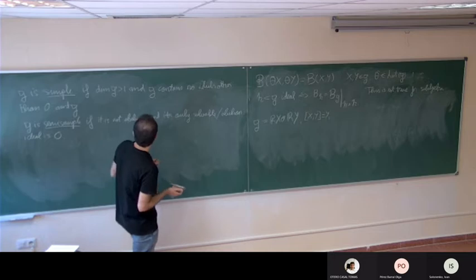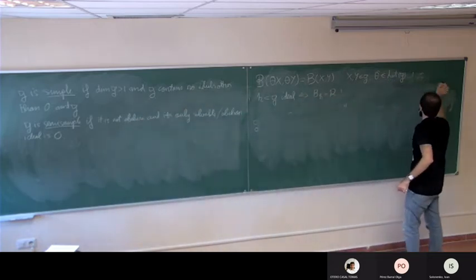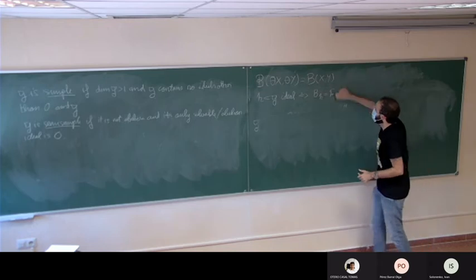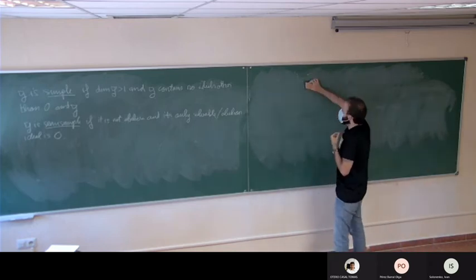Semi-simplicity can be characterized in terms of the Killing form, as well as solvability. We have the following criteria.